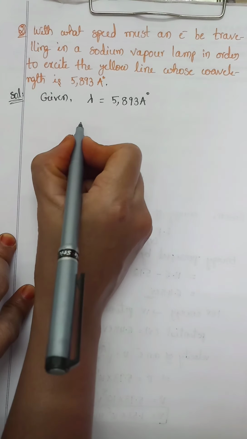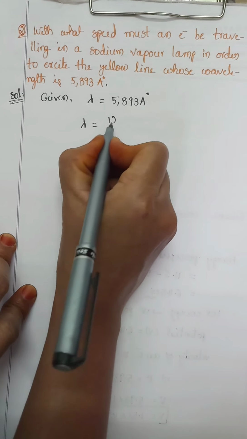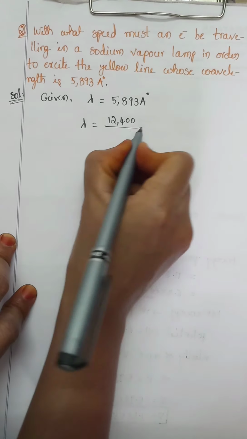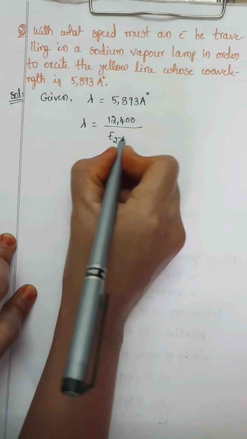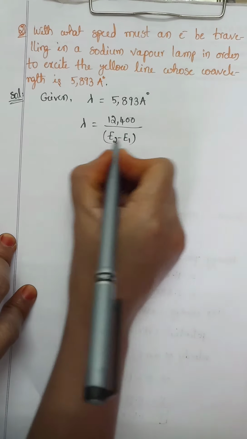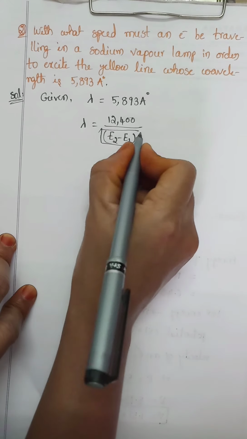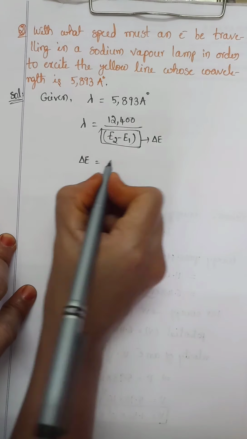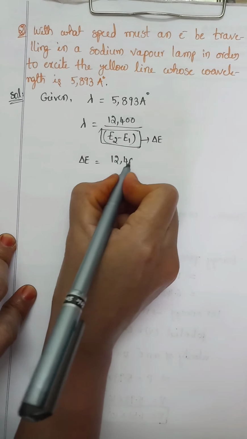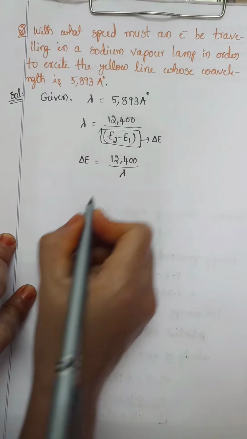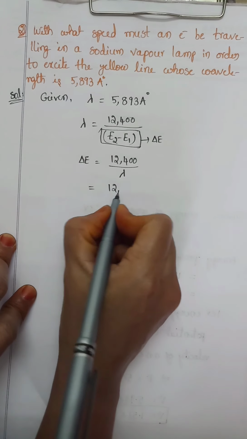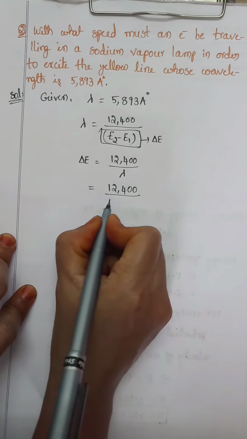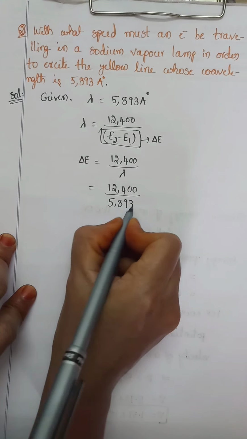So, we know the formula that lambda is equal to 12,400 divided by E2 minus E1. We can write this E2 minus E1 as delta E. So, delta E is equal to 12,400 divided by lambda, and we know lambda as 5893 angstroms.